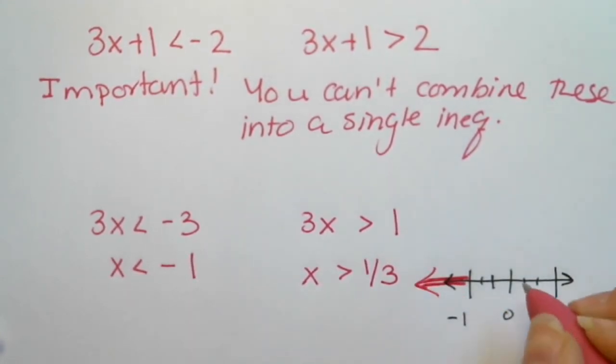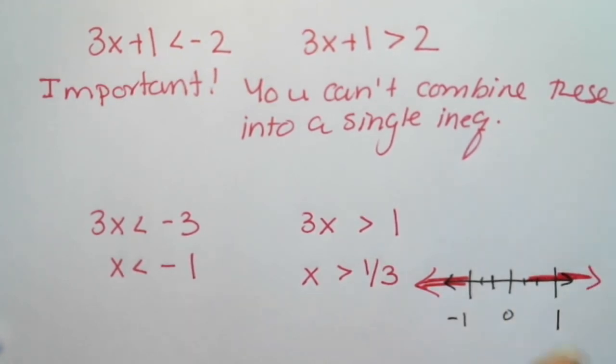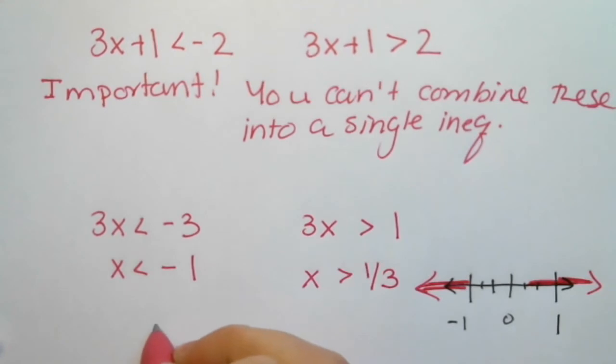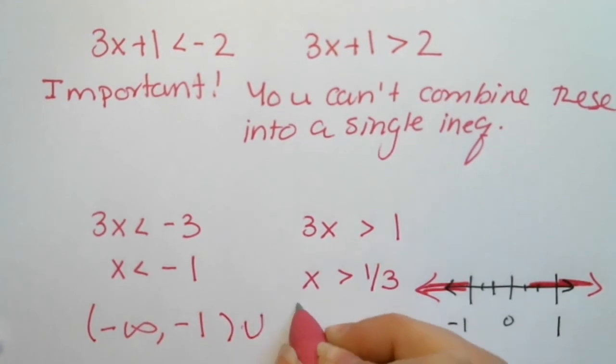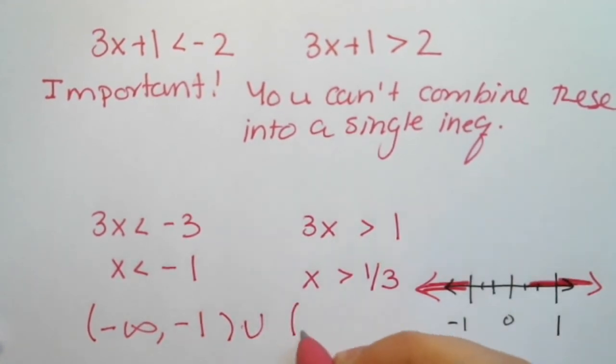X is greater than 1/3, that's going to look like this. So my interval is going to be -infinity to -1, union 1/3 to infinity.